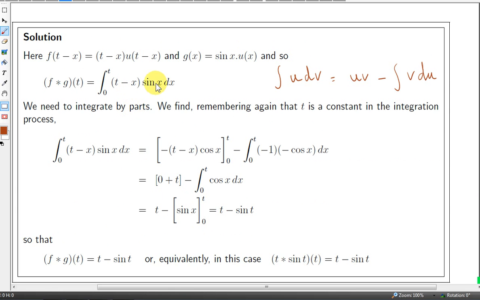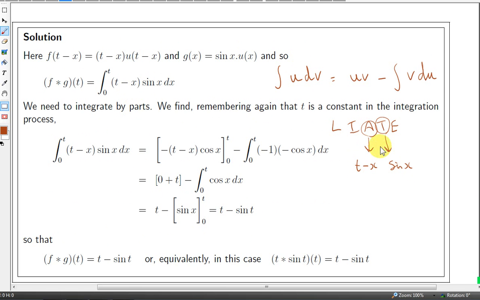Now in this we have a product of functions, so which of them will we call u? Well, we can use our LIATE rule, where A stands for an algebraic term and T stands for a trigonometric term. The algebraic term is t minus x. t is just a constant, so x is the algebraic term essentially, and the trigonometric term is sine of x.